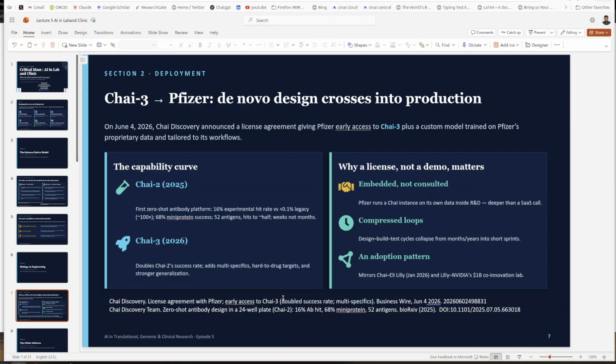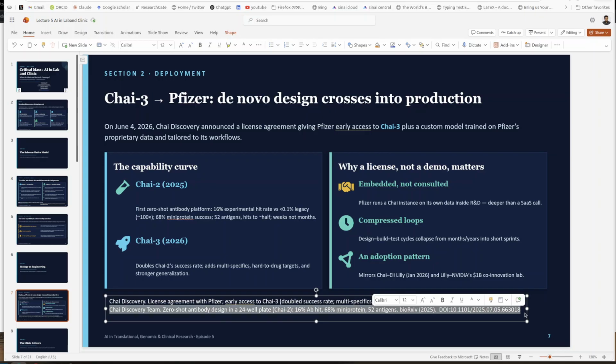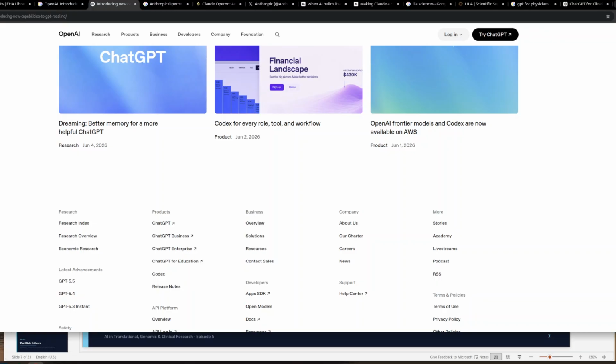So what they have done very recently is that Chai 3 has developed a custom model with Pfizer proprietary data and uses it for Pfizer itself to develop, or to serve the purpose they have. So what is Chai? It's a short description.